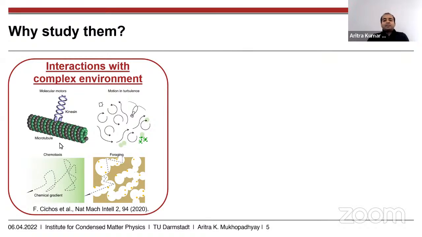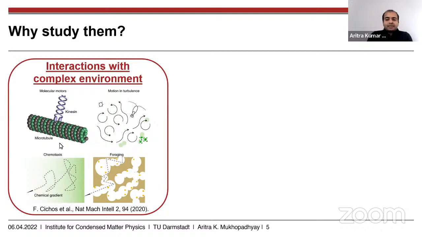This is required for many important body functions like protein synthesis, DNA replication, etc. Also, bacteria can sense chemical gradients in their immediate environment and can navigate towards food or away from poison or predators. Birds can also navigate like a pro in turbulent weather conditions using their wings.